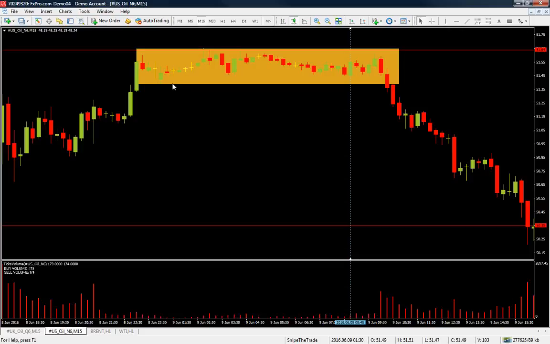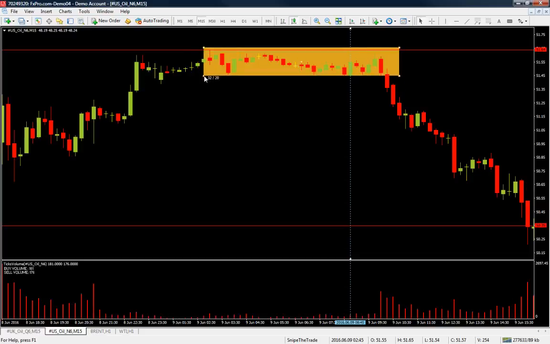How do I do that? Well, basically, what I'm going to do here is use the highs of the range and the lows of the range. You can see that the highs were tested at exactly 51.64. Well, this was the high around the 65, so we are going to pick the high of the range.